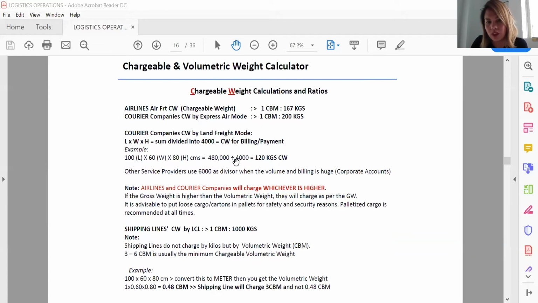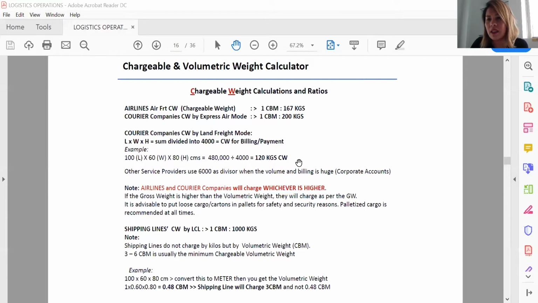Then they will divide that by 4,000, which means the chargeable volumetric weight is 120 kilos.